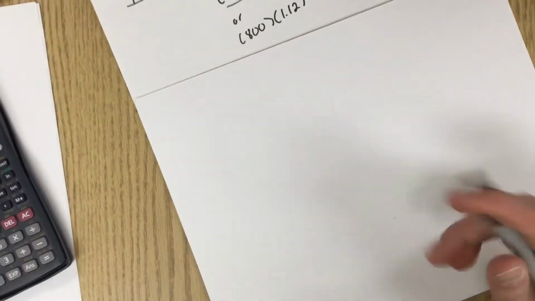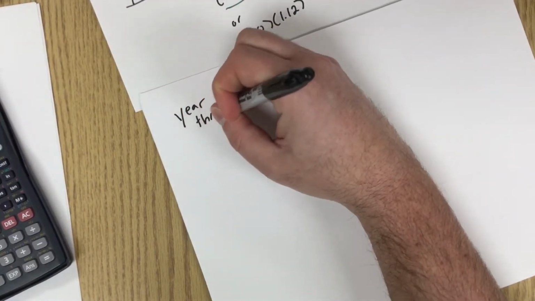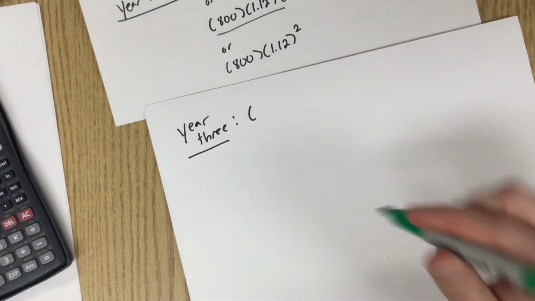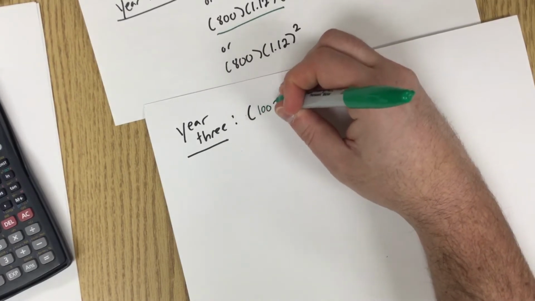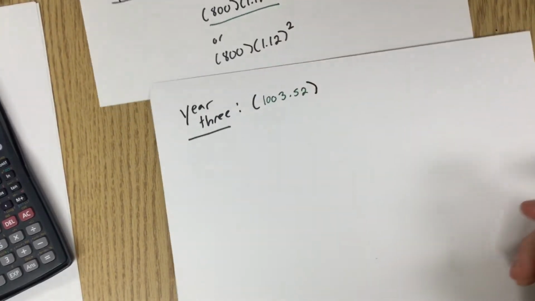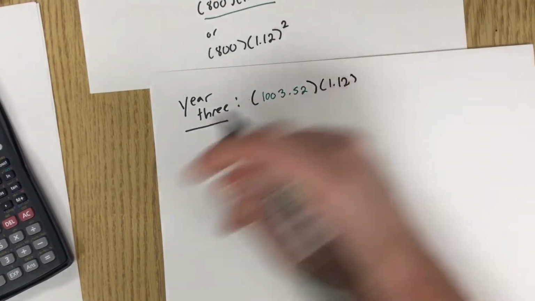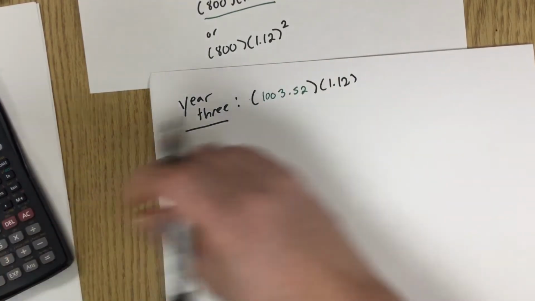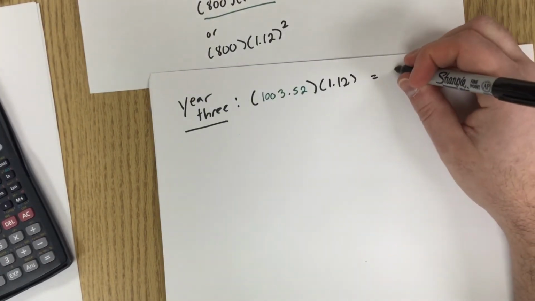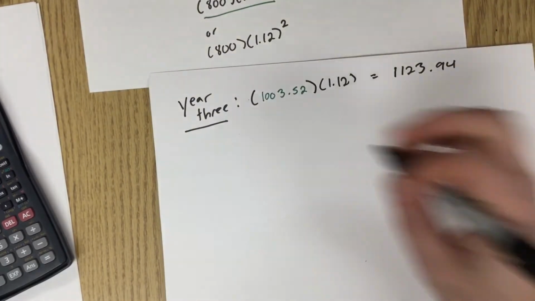Similarly, in year 3, the recursive way of doing it would be, we would take the $1,003.52 from the end of year 2, and we would multiply it by 1.12, which would be about $1,123.94.